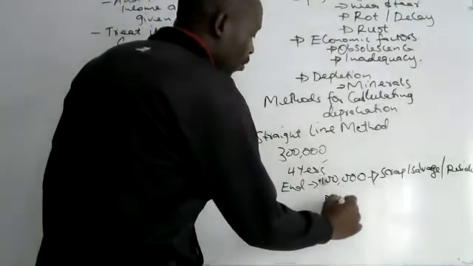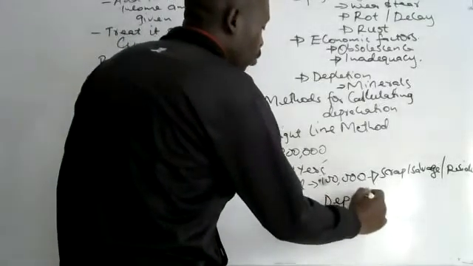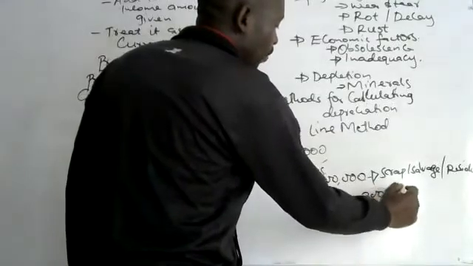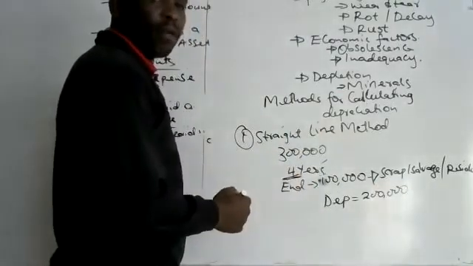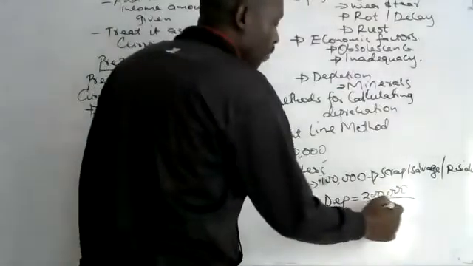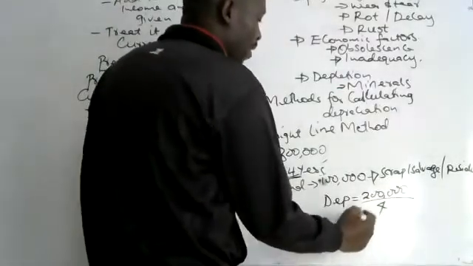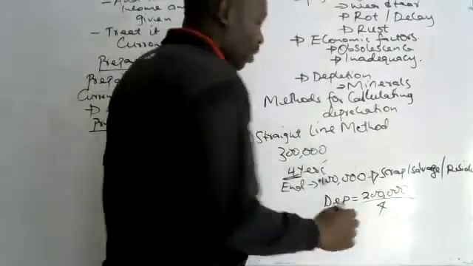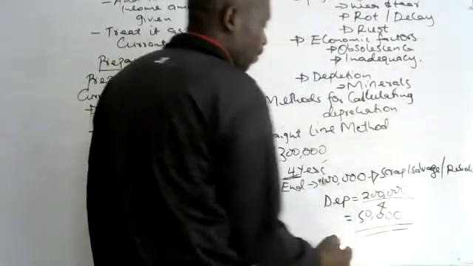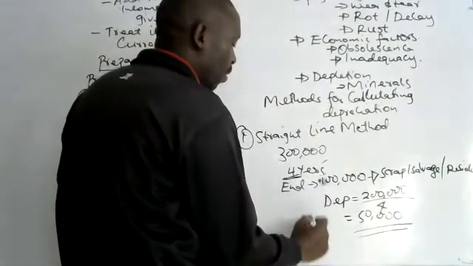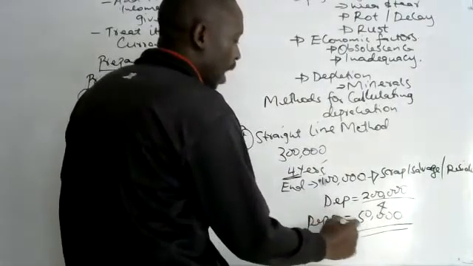So the depreciation here would be equal to 200,000. This 200,000 has been lost in a span of 4 years. So we divide by 4. We can simply say that in each year, this asset was losing 50,000. This is now the depreciation per annum.